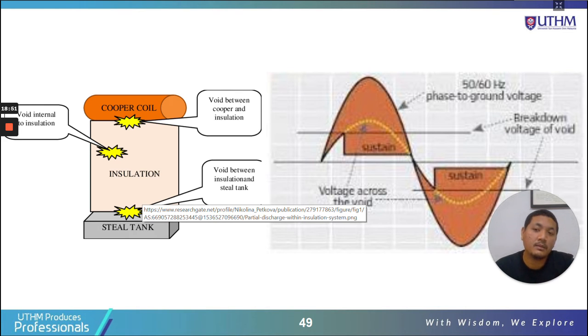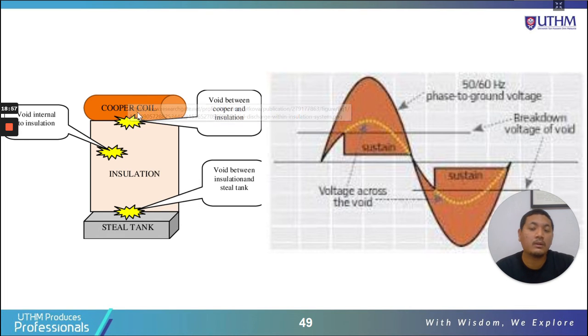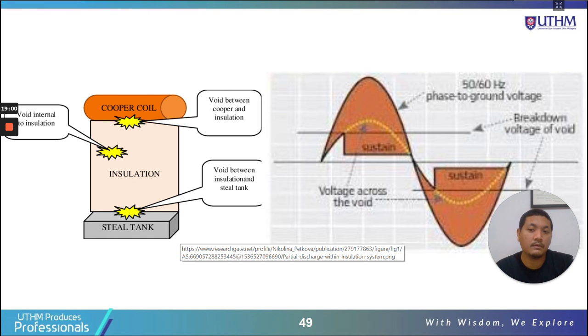Same thing if the gas bubble is trapped on the surface of the winding, PD will happen there. So it depends on the location. If there is a gas bubble or void, that is where the PD will happen.